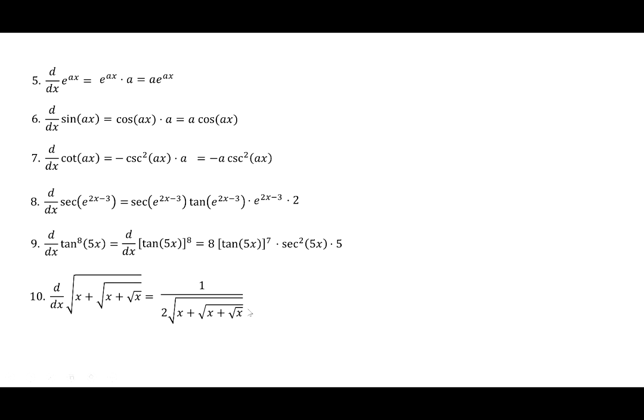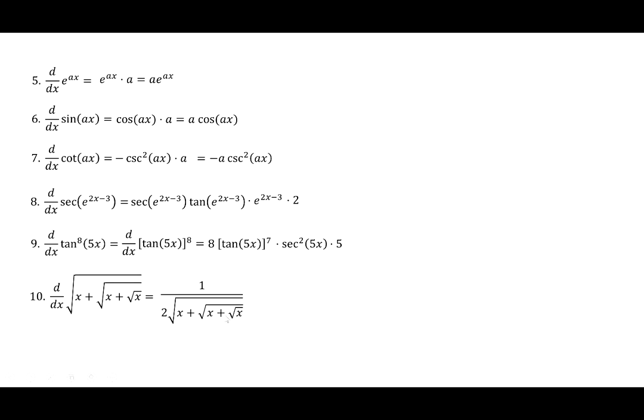Now we need to take the derivative of this guy with respect to x, d/dx of square root of x plus square root of x. Whoa. So now, in the process of taking the derivative with respect to x, look at this as square root of u1, where u1 is x plus square root of x.